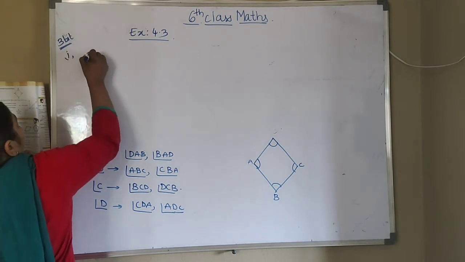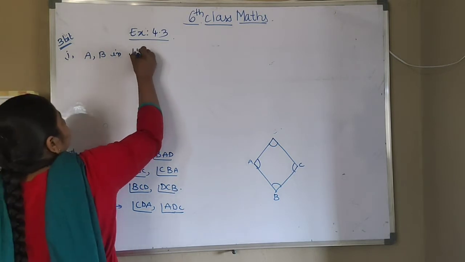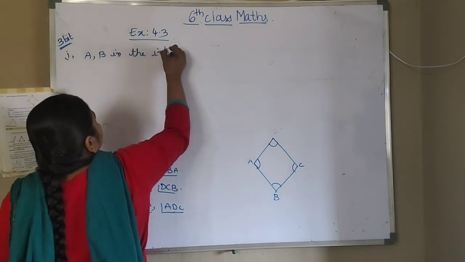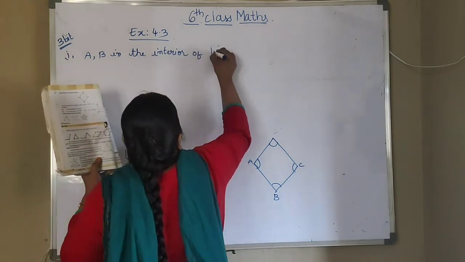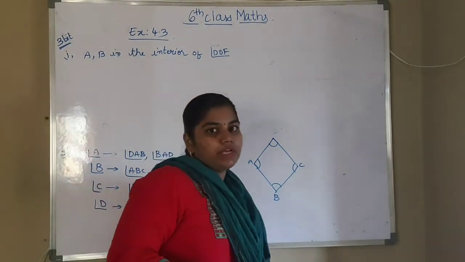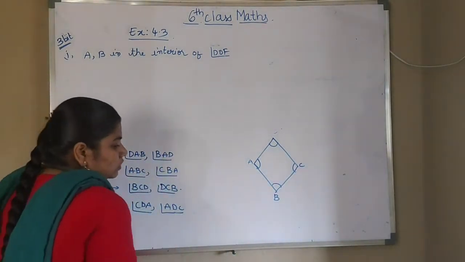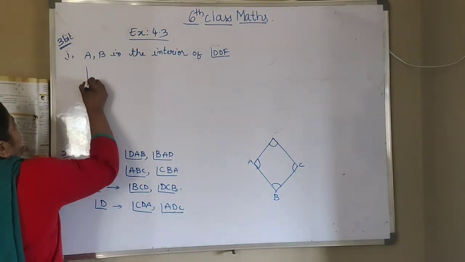So what is that? AB in the interior of angle DOF. That means AB should lie in the interior of angle DOF. So here what is the figure? They have given the figure like this.